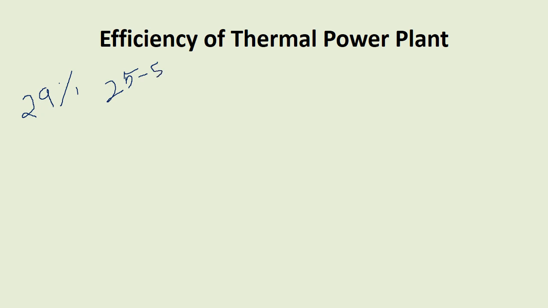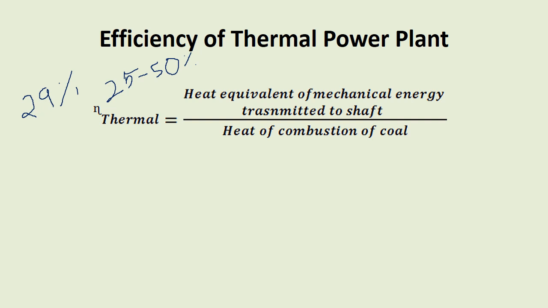How do we define efficiency? It is the ratio of the mechanical energy transmitted to the shaft to the heat of combustion of the coal.